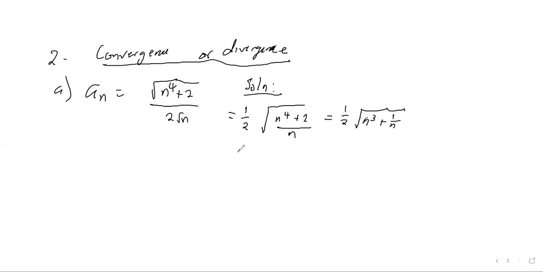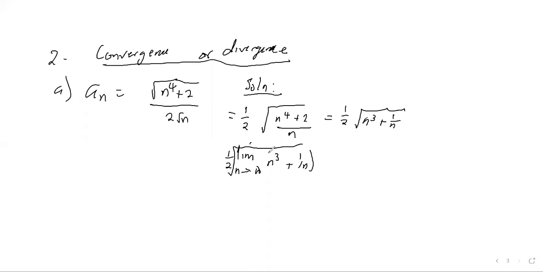But then we know that if we bring in the limit, what's the limit here? The limit as n goes to infinity of half, I can put half this side, and then I can even put the root here, because limits do that, of n^3 plus 1/n.